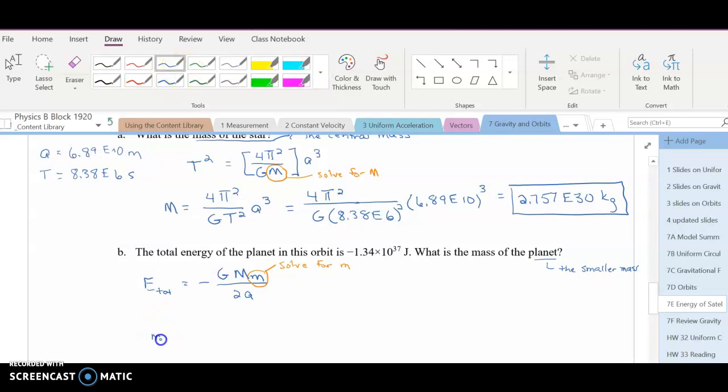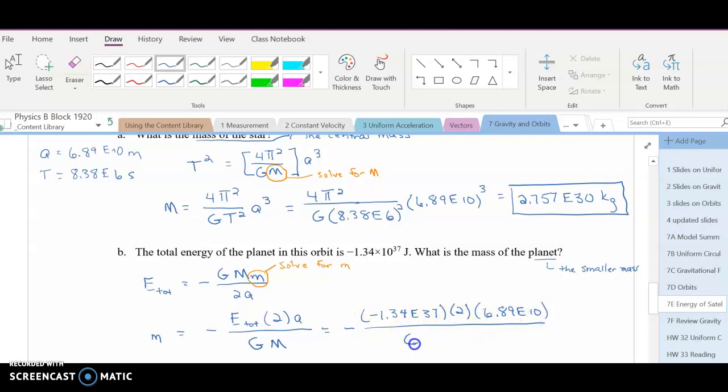Okay, and so that smaller mass would be negative the total times 2 times A divided by G times the big mass. The big mass is what we got from part A of this problem. Okay, you see that my negative signs cancel out here.